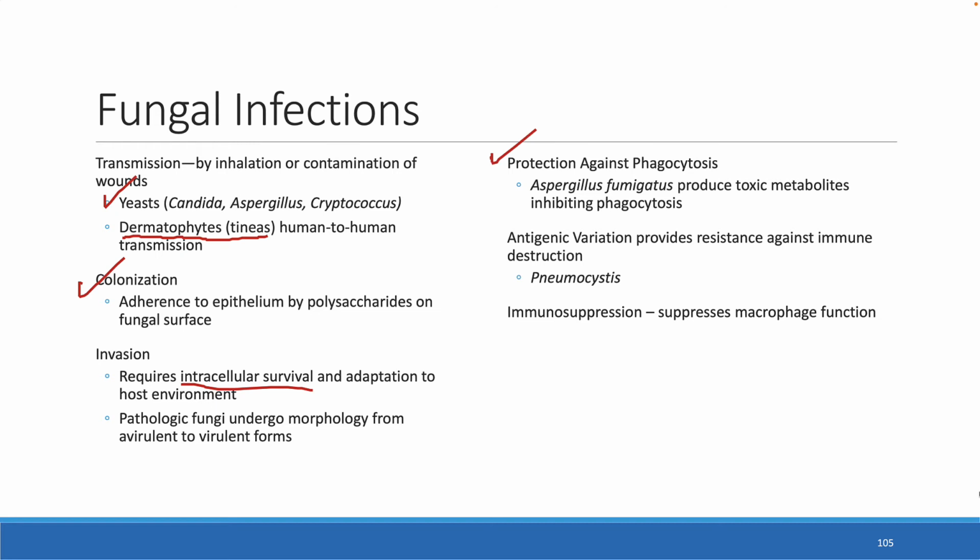And then we have fungi having a mechanism where they can protect against phagocytosis. They produce some toxic metabolites that inhibit phagocytosis. So that makes it harder for us to defeat them, particularly in immunosuppressed, right? So immunosuppression is really a major problem where we see fungal infections.